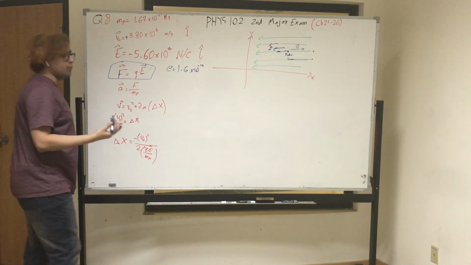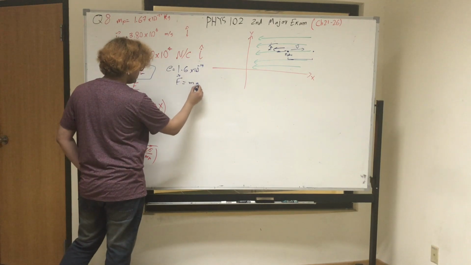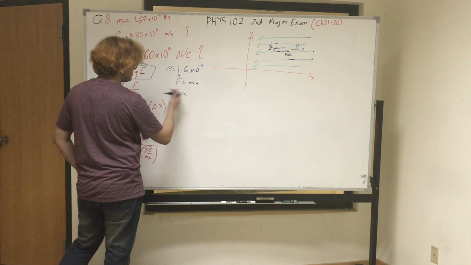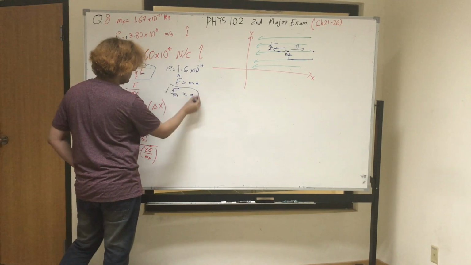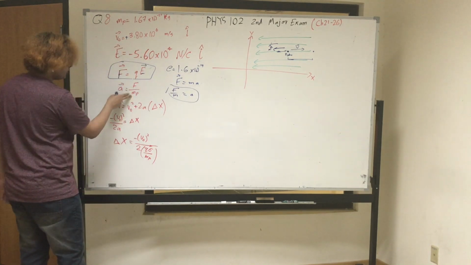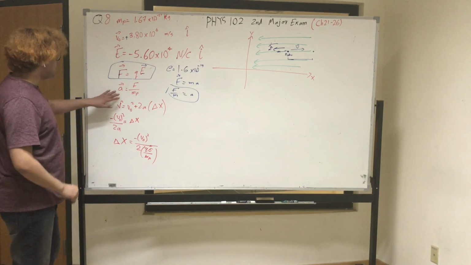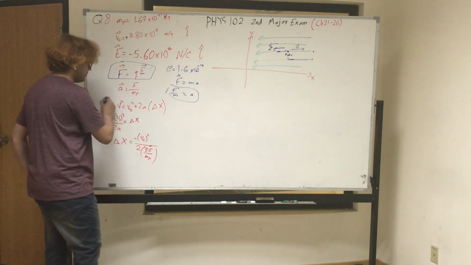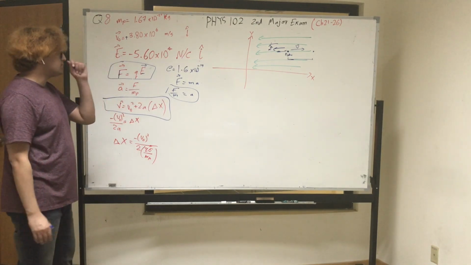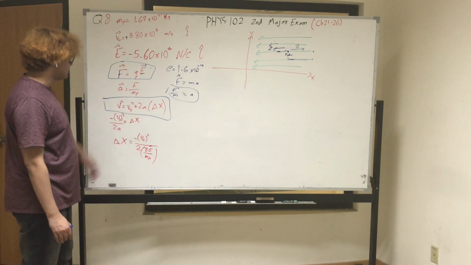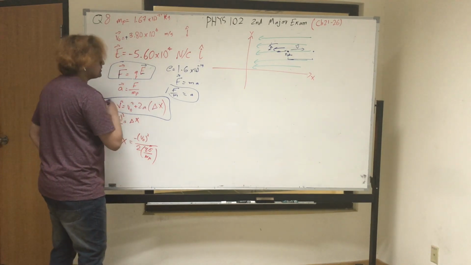Remember from physics 101 that the force is equal to the mass times the acceleration. If you divide both sides by the mass, force over mass is equal to the acceleration. Once we get the acceleration, we can use this kinematic equation for constant acceleration. If the electric field is uniform, then the acceleration must be constant. So just solve for change in x.